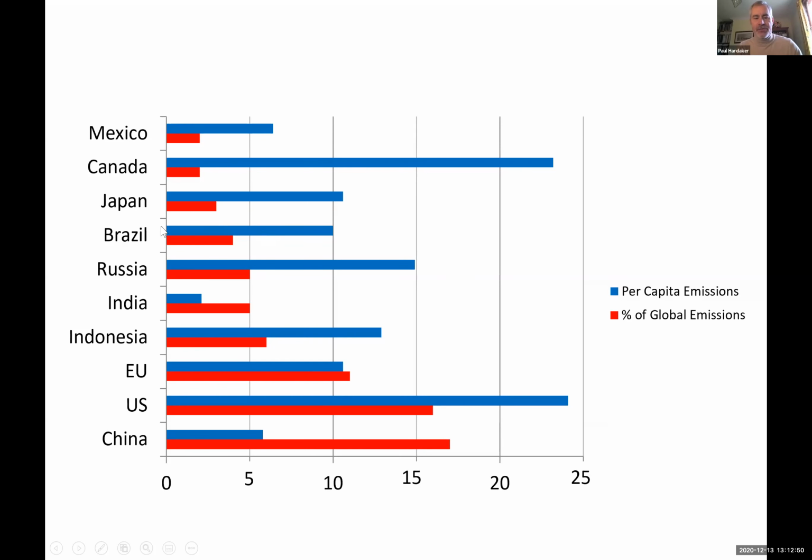Or in countries where you've got a lot of industrialization, a lot of people working in industrial economies. So it's not at all as straightforward as saying those who emit the most should be the ones who reduce the most. It's a more complicated picture than that. And this sparked a really interesting discussion, I think, about mitigation strategies globally.